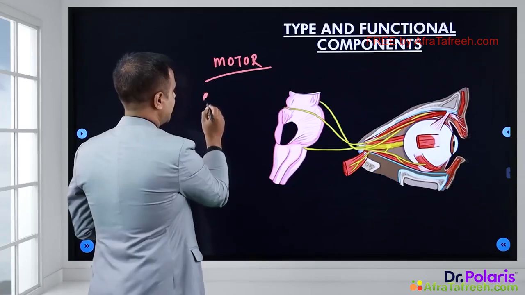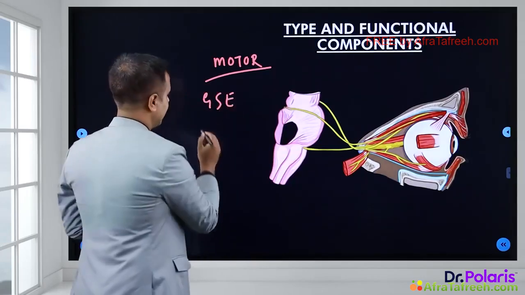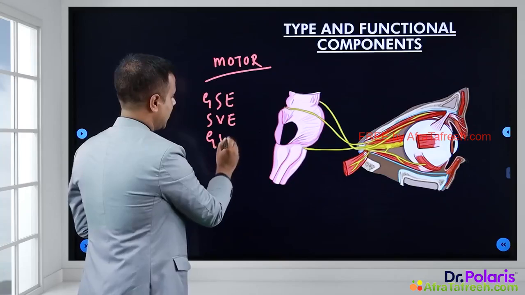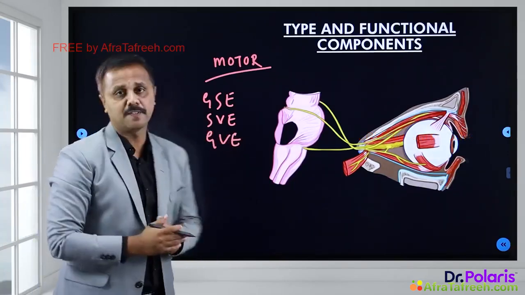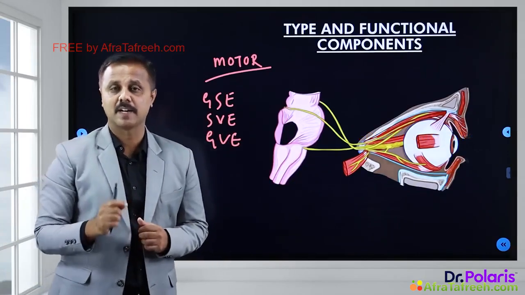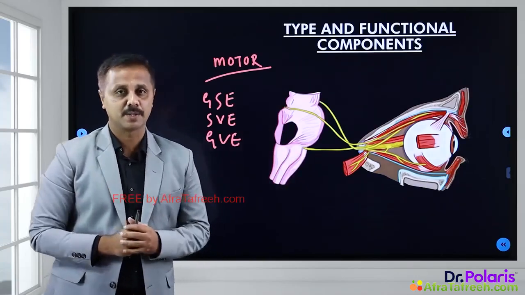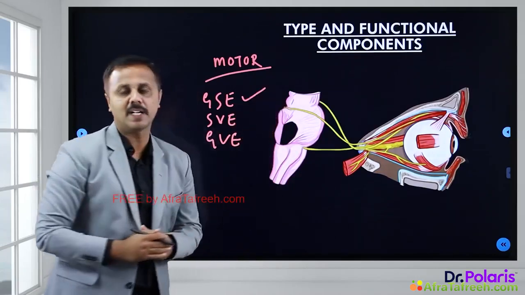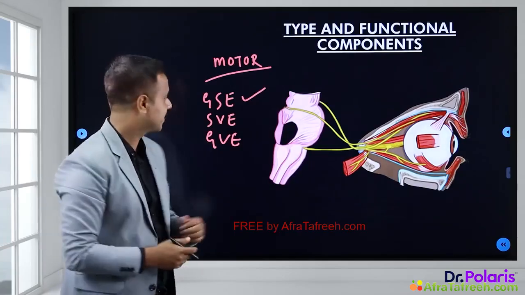The efferent components are the general somatic efferent column, then the special visceral efferent column and the general visceral efferent column. As we know, the general somatic efferent column will supply skeletal muscles derived from cranial somites. All extraocular muscles are derived from cranial somites, and hence there is a general somatic efferent component in the oculomotor because it innervates almost all extraocular muscles.